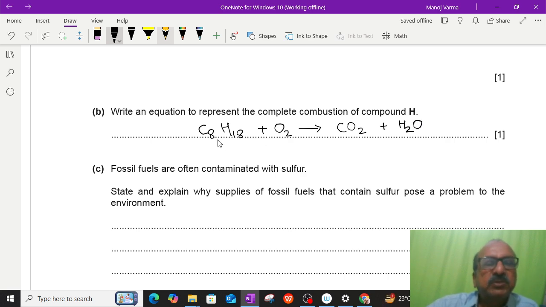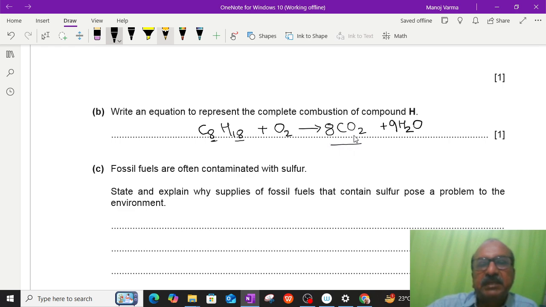The first step is to balance the carbon atoms, which are 8. So we must balance the carbons by writing 8 over here. Then we must balance the hydrogens. So there are 18. If we write 9 out here, then 9 into 2 is 18. So 18 hydrogens get balanced. And lastly, we should look for the oxygens, and we should start from the right side.